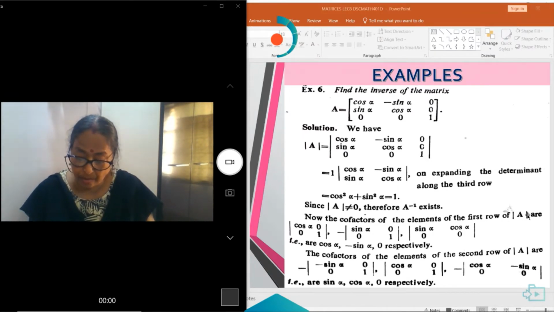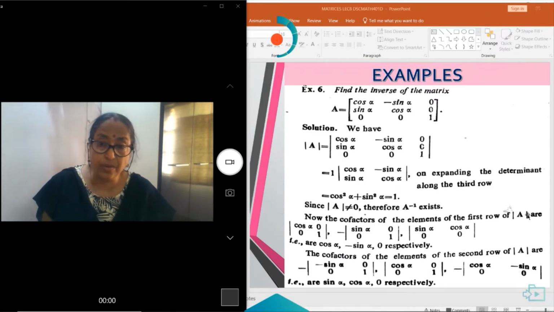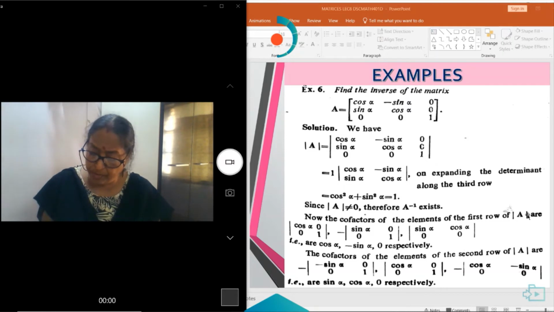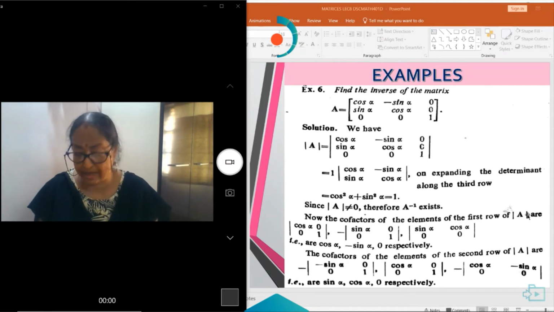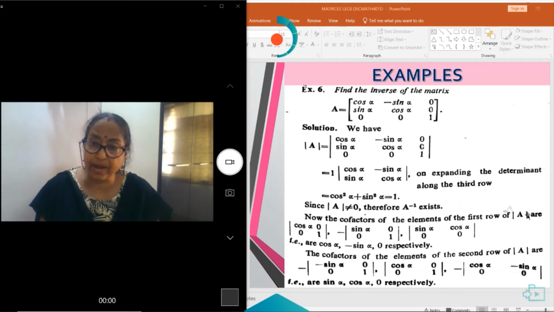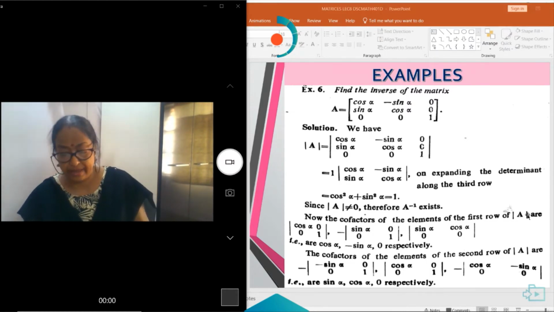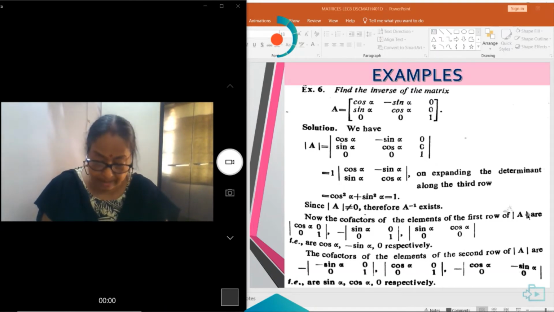A inverse is equal to 1 by determinant A into adjoint A. You got the value of adjoint A, only divide by the value of the determinant, and then you will get the inverse of A. This is very easy, and if you could find the value of adjoint A, you also can find the value of A inverse by simply dividing it by the determinant of A.